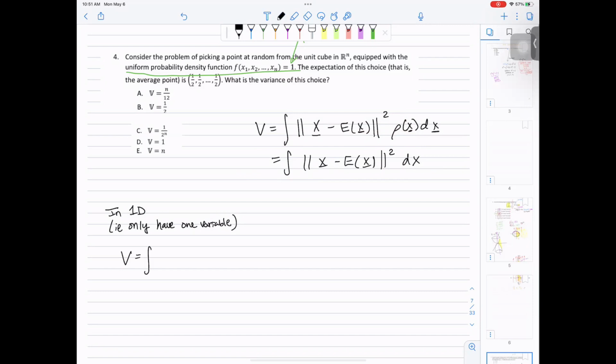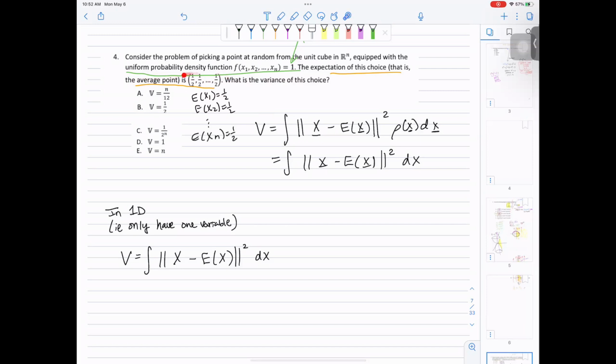Variance will be, if I only have one variable, x, that's x itself minus whatever the expectation of x is, all squared dx. And they're telling me, by the way, that the expectation in all of the axes is 1/2. That means the expectation of the first variable is 1/2, the expectation of the second variable is 1/2, and so on until the nth variable.